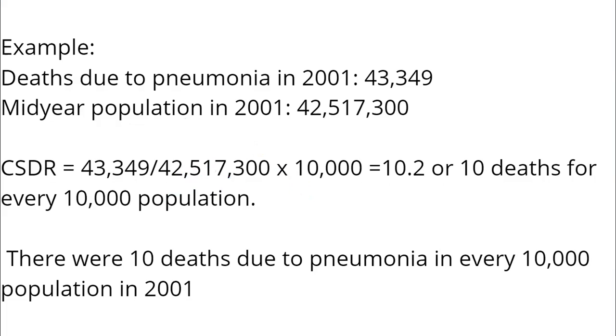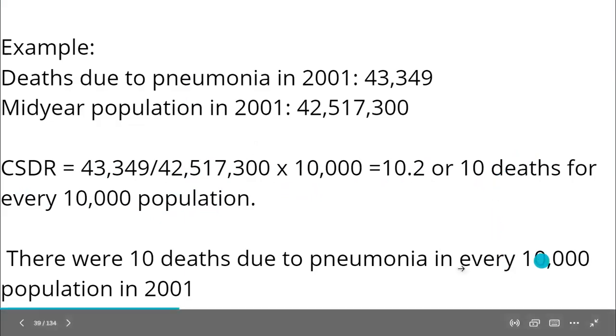As I mentioned, it varies depending on which value gives you more reasonable, significant figures. We use 10,000 here, but do not worry because I will specify that during the examination. This gives us 10.2, or 10 people who died for every 10,000 population from pneumonia in 2001.